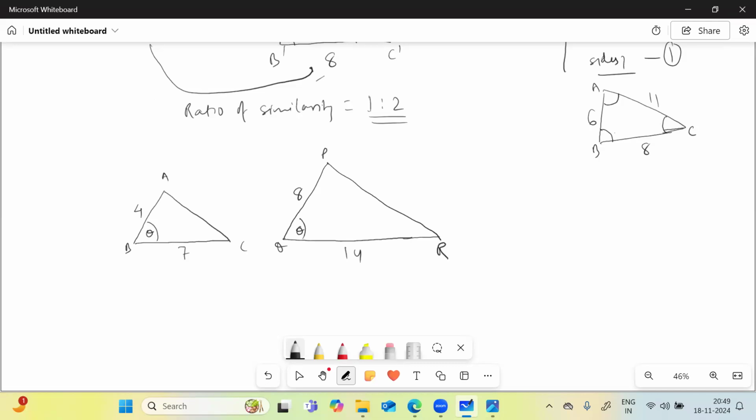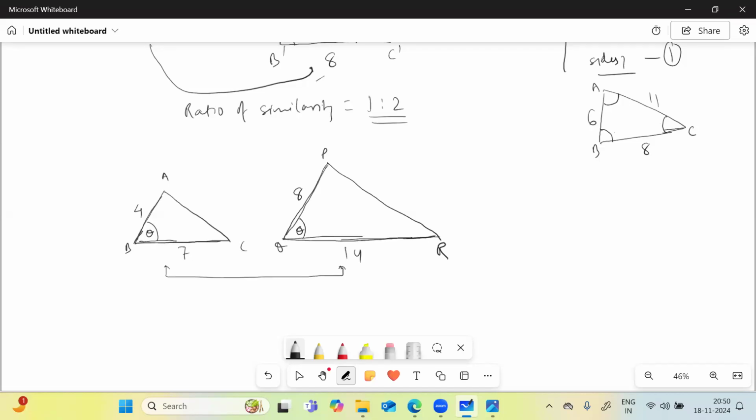So can you say that these two triangles are similar? Yes. I'll not go into the proof of this particular concept, but if you have the same angle and the sides making the angle are in the same ratio, the triangles will automatically be similar.